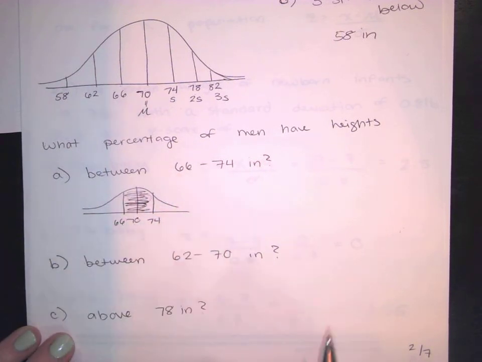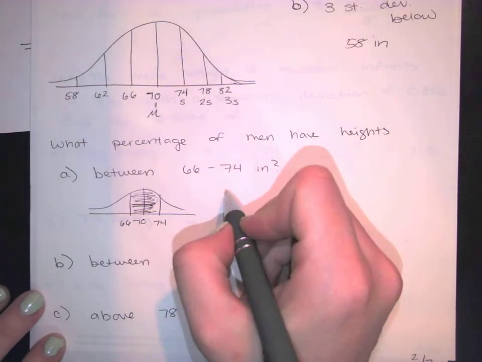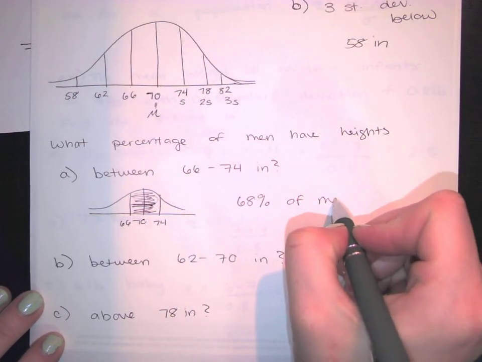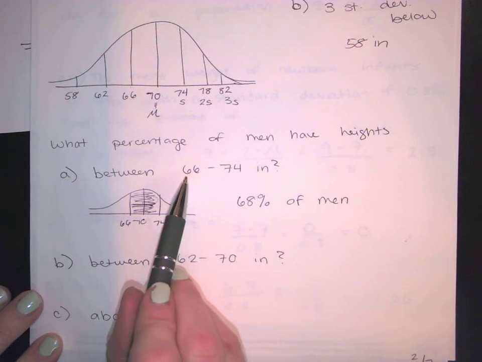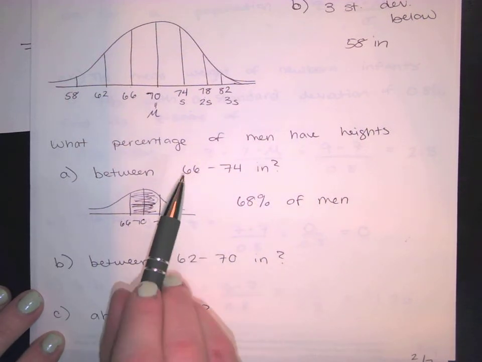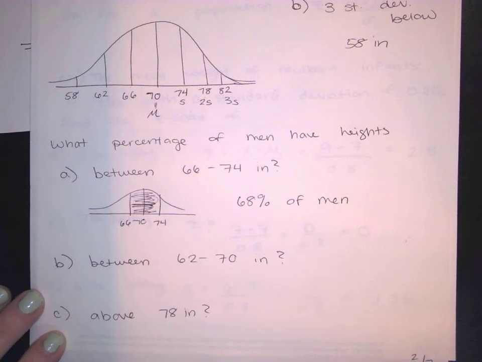Straight from the 68, 95, 99.7 rule, I know that 68% of men have heights between 66 and 74 inches, because that's 1 standard deviation below and 1 standard deviation above.